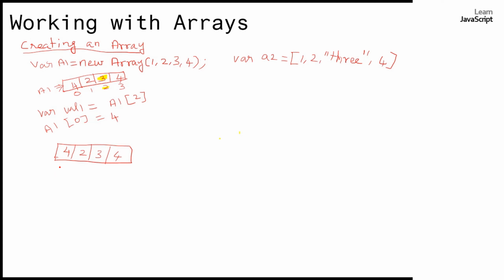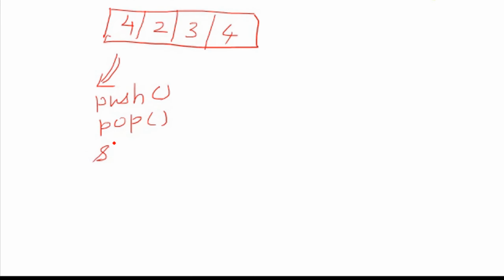Now if you make a call to a method, say push, and you can make a call to a method called pop, then you can also make a call to shift, then unshift.